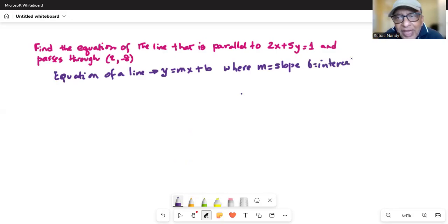So if I can arrange the given equation in the form y equal to mx plus b, I will be successful in finding the slope.